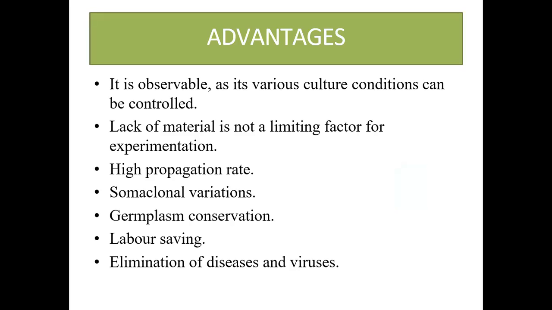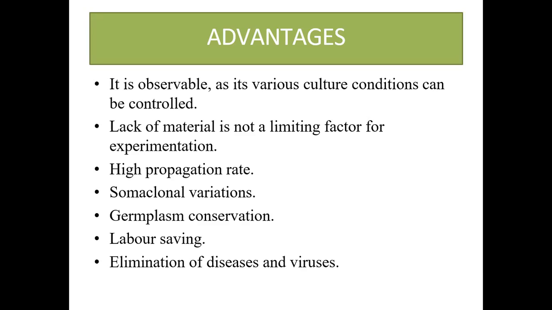When we talk about large-scale propagation and the scope of development, we get a varied picture. Somatic embryogenesis offers the opportunity to develop an efficient propagation system for large numbers of angiospermic plants.